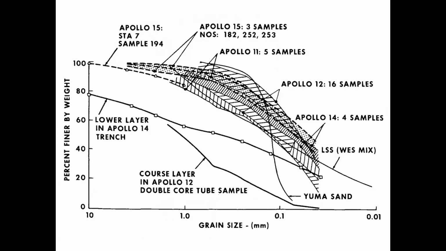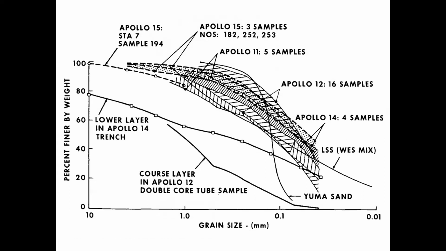Now, before the mechanical properties of the Apollo 11 soil was ever known, the LRV team simulated lunar soil using a uniform dune sand from the Arizona desert. They called this simulant Yuma sand. But they soon switched to a new simulant that consisted of a finely ground basalt that they got from Napa, California.